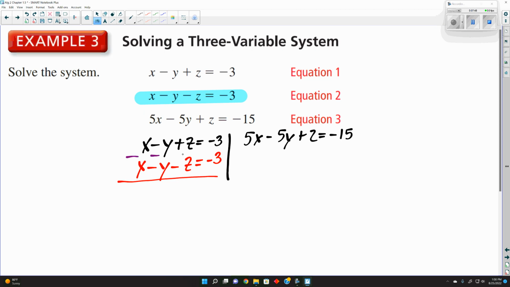So this time we will subtract because x minus x is 0. That's exactly what we wanted. So those will cancel. y minus negative y, negative and negative make a positive, is, z minus negative z.